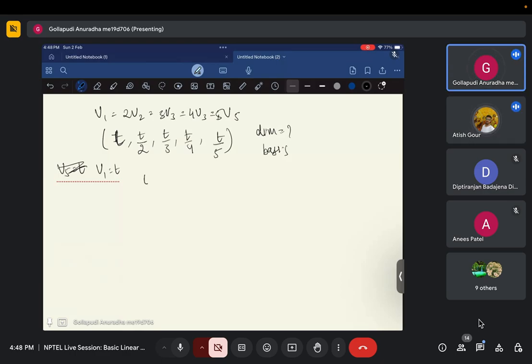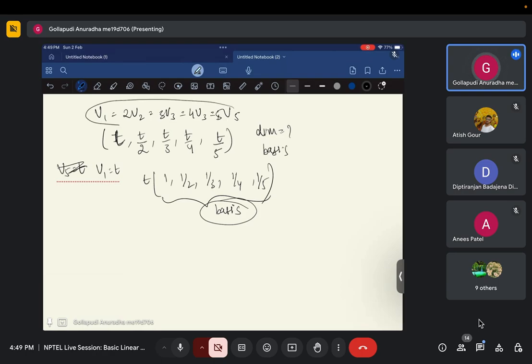Taking t outside, the dimension is 1. So this is the basis, using the linear combination of which we can find all the vectors in the set whose components will satisfy this relation.